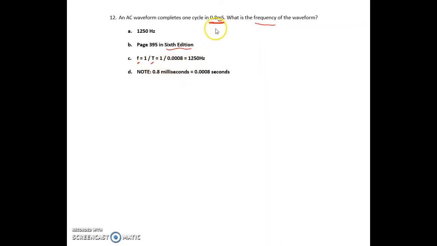So I converted the 0.8 milliseconds to seconds. That's this part right here. That's why we see the 0.0008 seconds. And the final answer is 1250 Hertz.